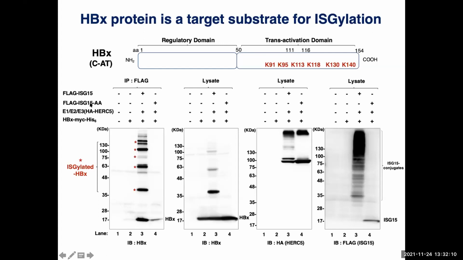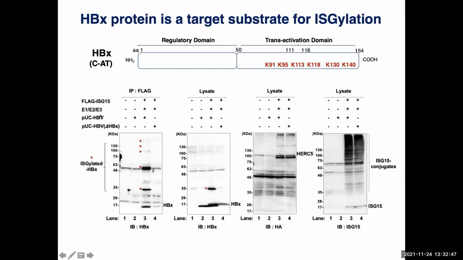And when we use the IC15 mutant, whose glycine residues are mutated to alanine, this IC15 cannot covalently bind to HBX protein. So you cannot see any isolated band of HBX protein. So this data shows that actually HBX protein is isolated, and probably at multiple sites.